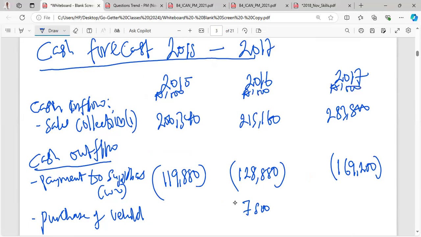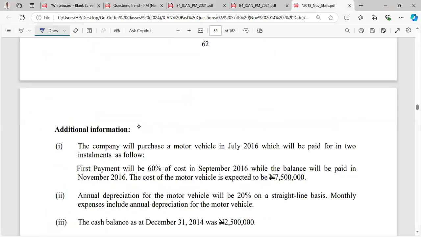So this is 7,500. Right, nothing here, nothing here. What else? So we have done this and done this.